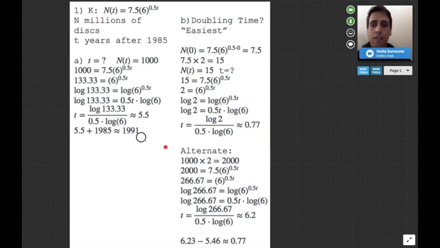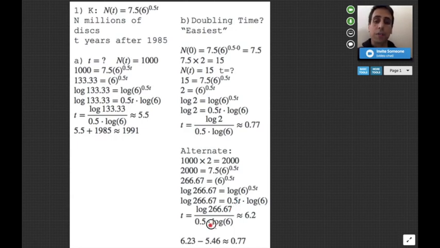Alternatively, you could have taken your answer from A. If you want to know how long it'll take to go from 1,000 discs to 2,000 discs, then we know already it takes 5.5 years to get to 1,000. How long will it take to get to 2,000? So 2,000 here. Again, divide by 7.5. Again, take the log of both sides. Again, the exponent moves out front.